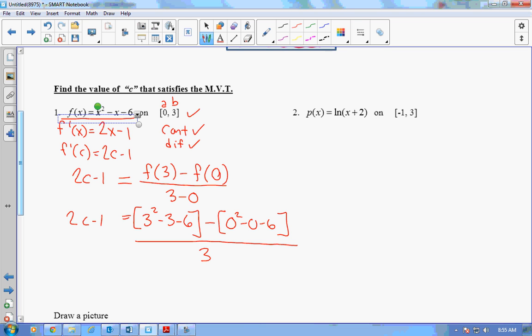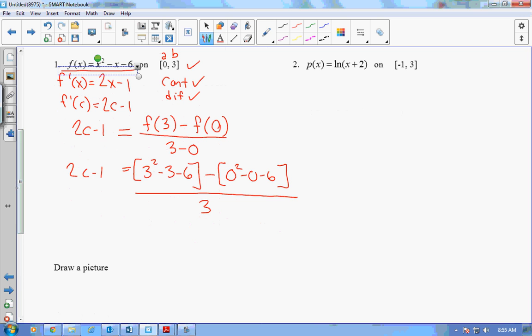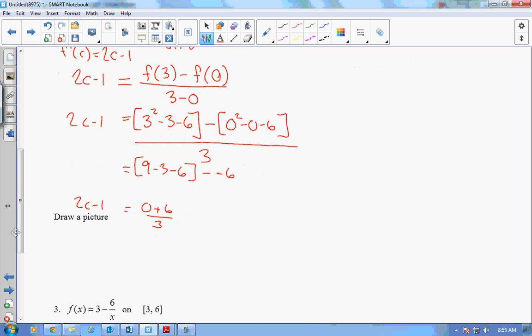Any questions? So if we do a little math here, we have 3 squared is what? 9, minus 3, minus 6. What is 9 minus 3 minus 6? Okay, so we get 0 minus a negative 6, which will be 0 plus 6, over 3. So 6 over 3 is just 2.